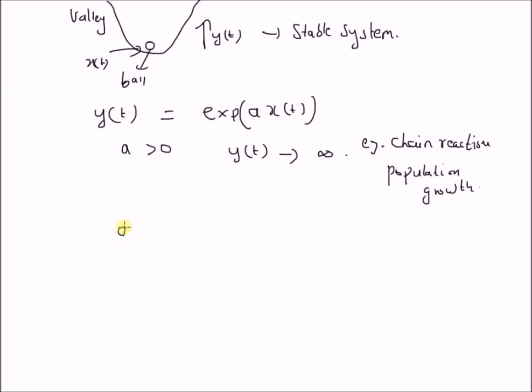However, when a is less than 0, small changes in x of t will lead to finite changes in y of t. That means the system is stable when a is less than 0. A good example is a passive RC circuit.